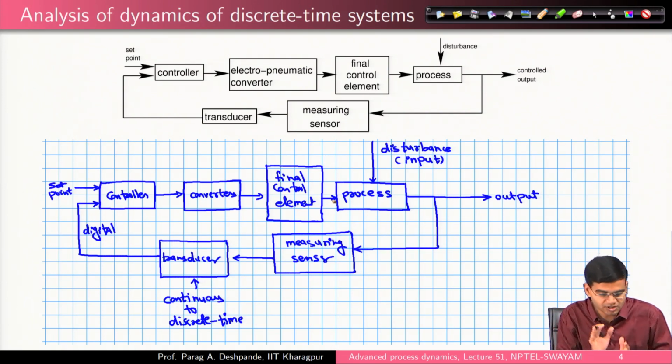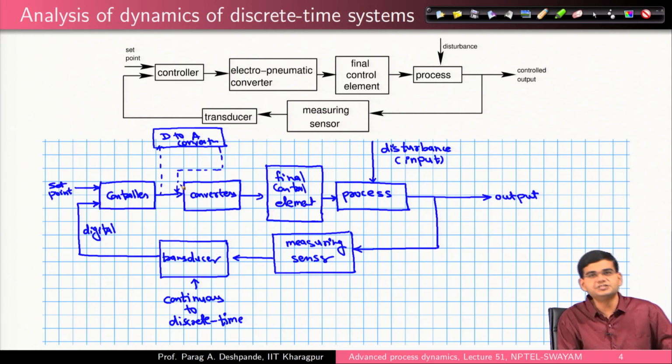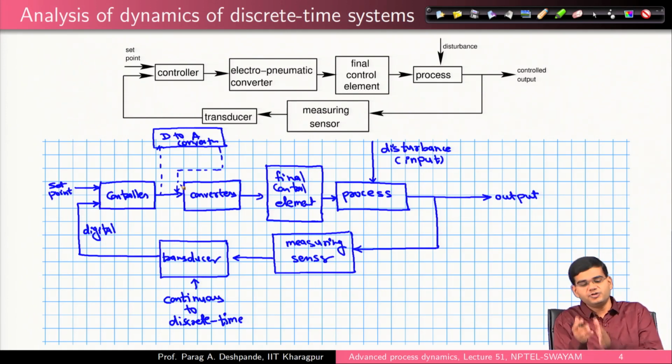Okay. So, therefore, what is not been shown here is another thing which goes like this, where you have D to A converter, digital to analog converter. You would like to convert the digital signal or digital output from the computer to an analog signal or to analog output.